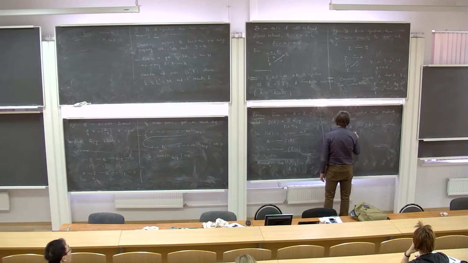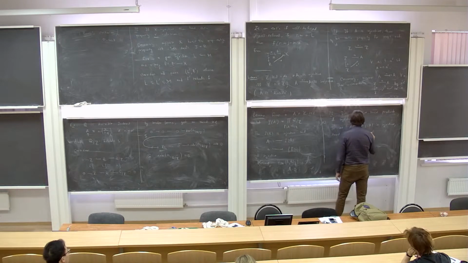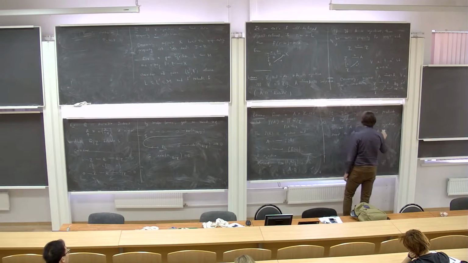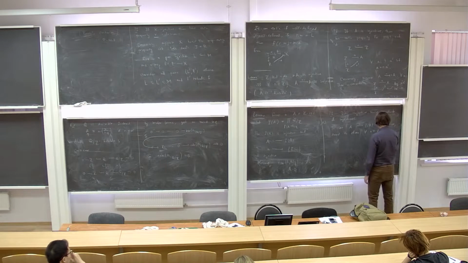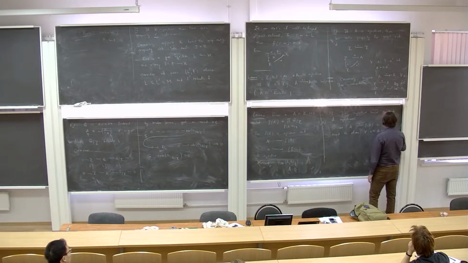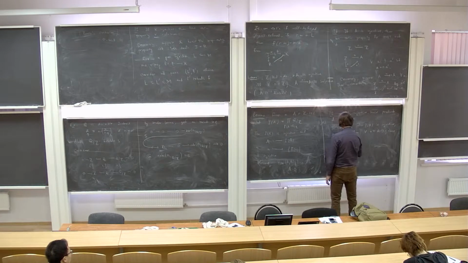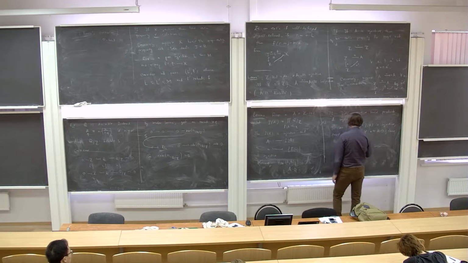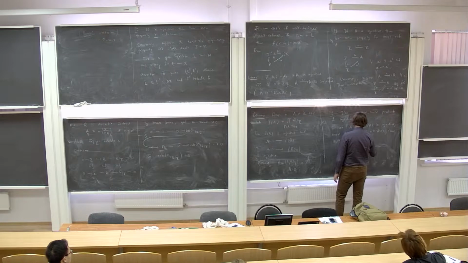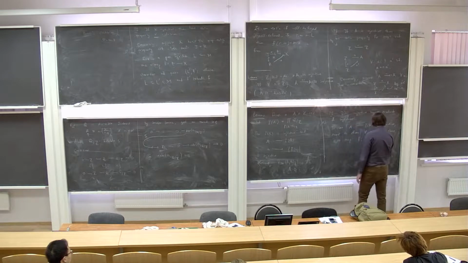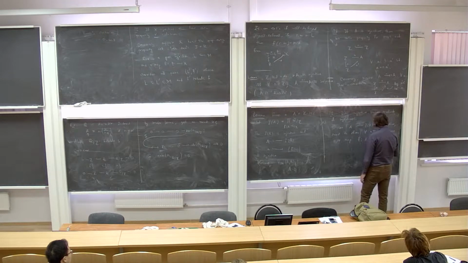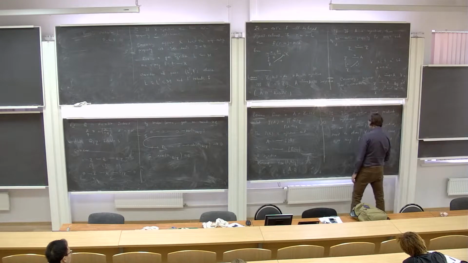We need to show that for all a in A non-zero, there is a map f from A into Q mod Z with f of a non-zero.